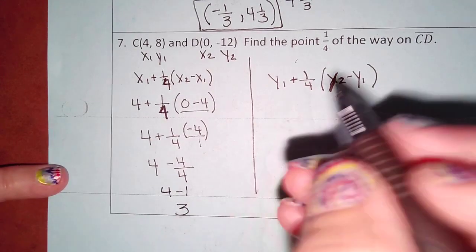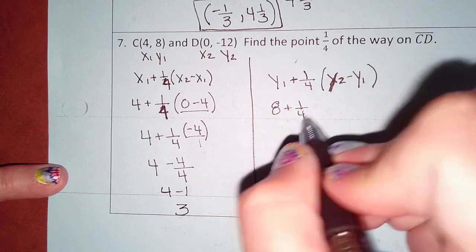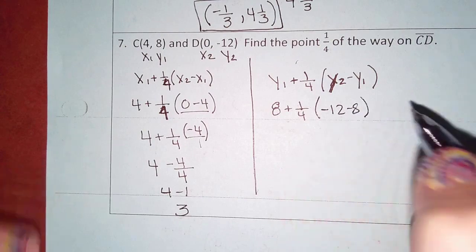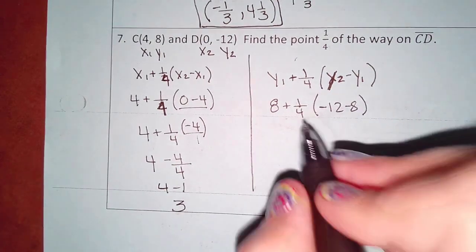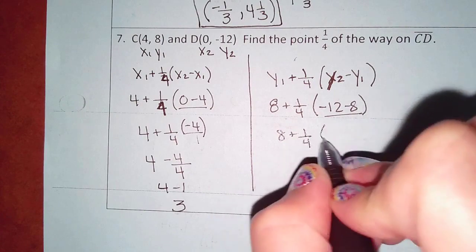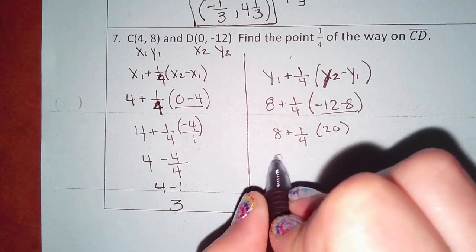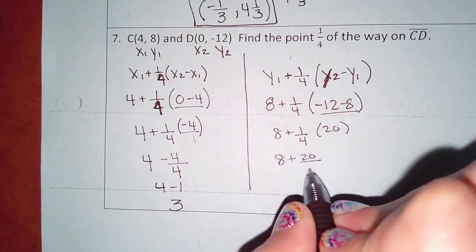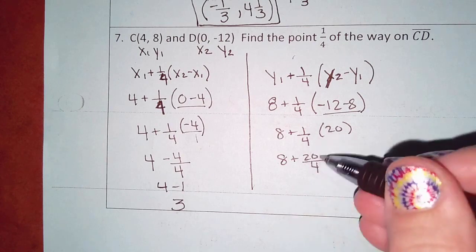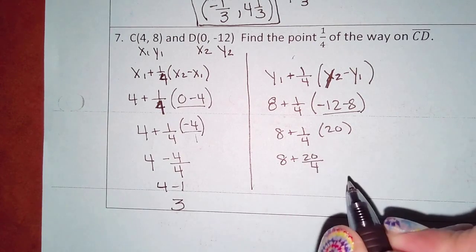For our y's, y1 is 8 plus 1/4 times the change in your y's, -12 minus 8. -12 minus 8 is -20, so I have 8 plus 1/4 times 20. Multiply your numerators, so that's 8 plus 20 over 4. 20 divided by 4, remember a fraction is nothing more than division. 20 divided by 4 is 5.